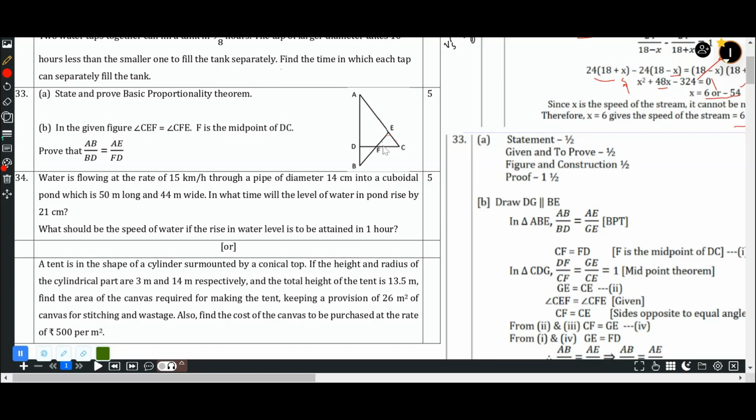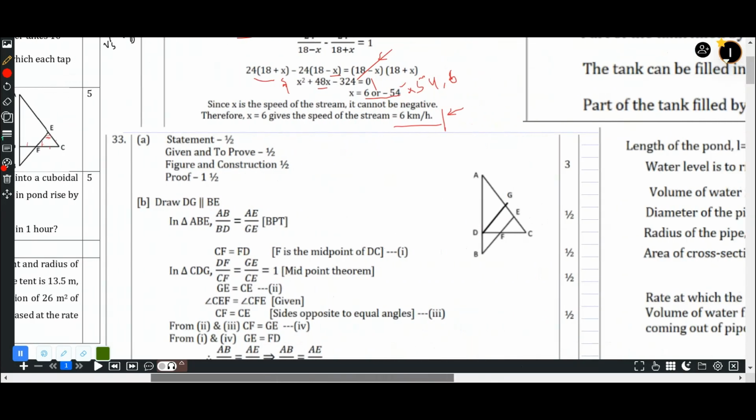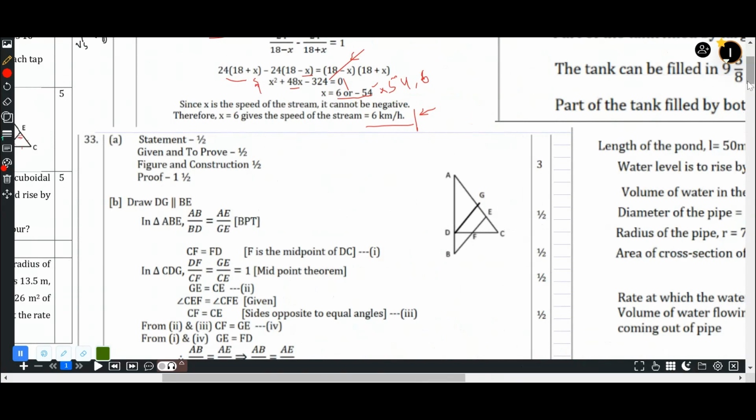F is the midpoint of DC. That means this is equal to this. Prove that AB over BD is equal to AE over FD. So we'll go on to this and see.